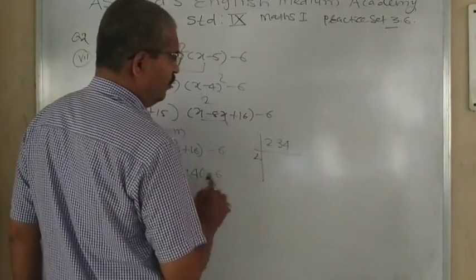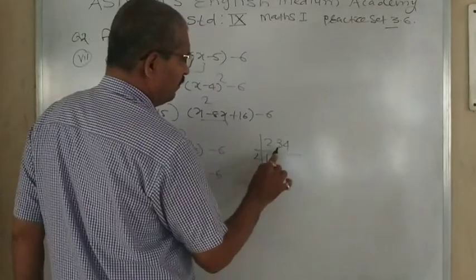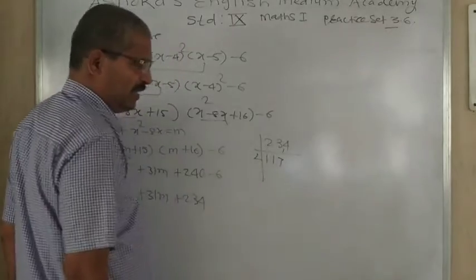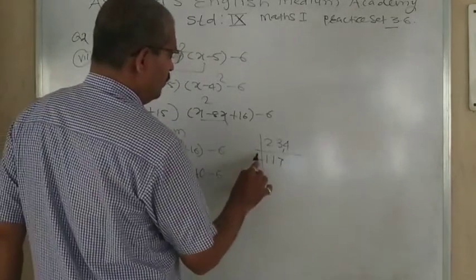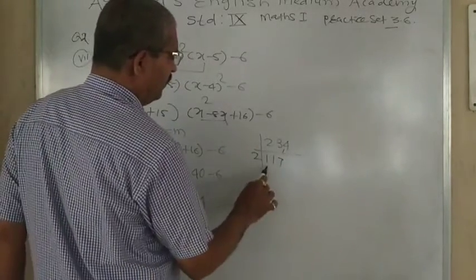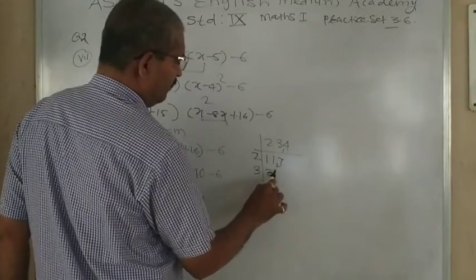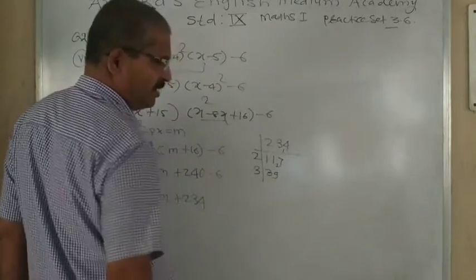Starting to divide from 2. 2 ones are 2, 2 sevens are 14. Now it goes by the 3 table. 3 3's are 9, 3 9's are 27.